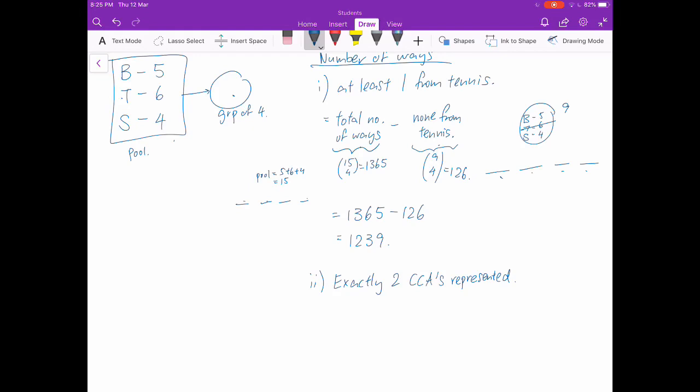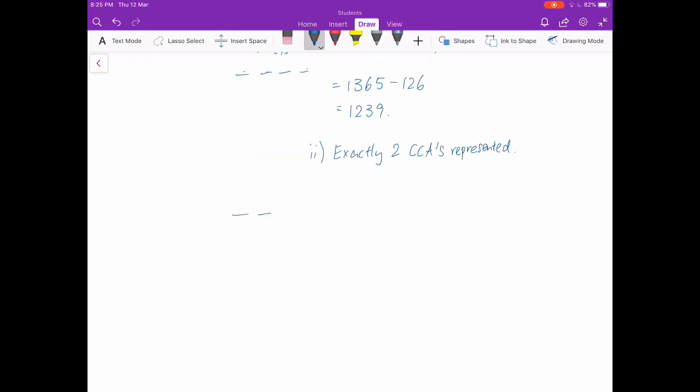Well, I can have basketball or tennis only, or basketball or squash, and so forth, but not all 3 CCAs together, and also not one CCA that represents. Okay, let me give you a counter example. So this would be a failed example. Cannot be, right? The other extreme case, and something, and I'll just leave this blank over here because it could be anything. This would also fail already.